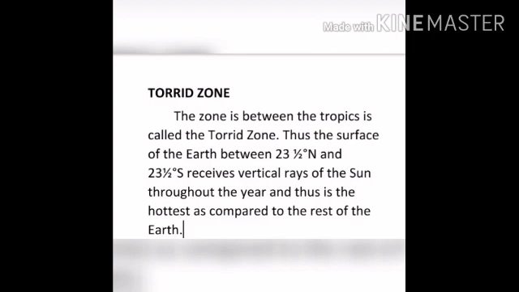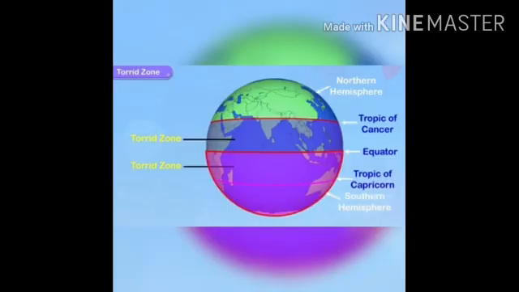Now let us discuss the torrid zone. So first, what is the torrid zone? In the middle of the earth we can see there is an imaginary line. We know this is the equator, dividing the earth into two parts, and from the equator to the north the Tropic of Cancer and from the equator to the south the Tropic of Capricorn.